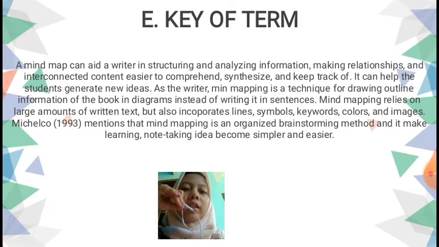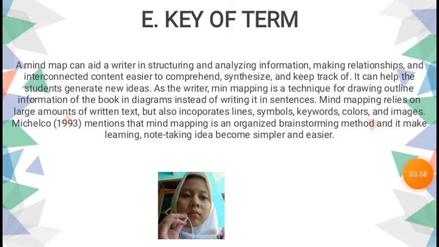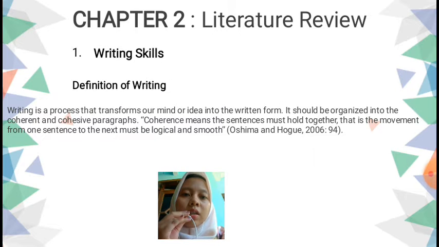Mind mapping relies on a large amount of written text, but also incorporates lines, symbols, keywords, colors, and images. Michel Shaw in 1993 mentioned that mind mapping is an organized brainstorming method and it makes learning and note-taking ideas become simpler and easier. Chapter 2, Literature Review.